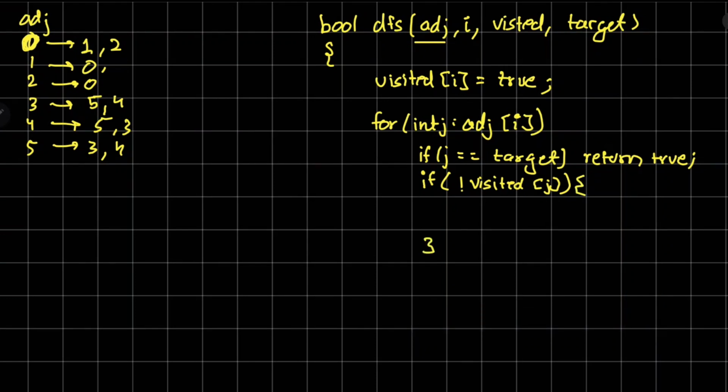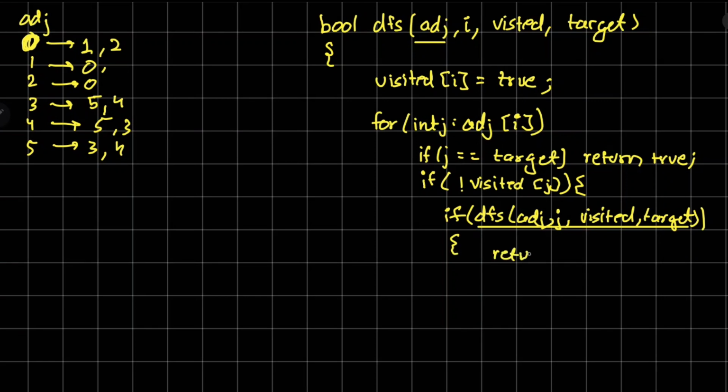So we'll call the DFS function, DFS adj. Now the current vertex is j. It will need the visited and the target node. Now we'll call the DFS function, and the DFS function will return either true or false. So we have to check what is the DFS of j. If DFS of j returns true here, we will return true from here.